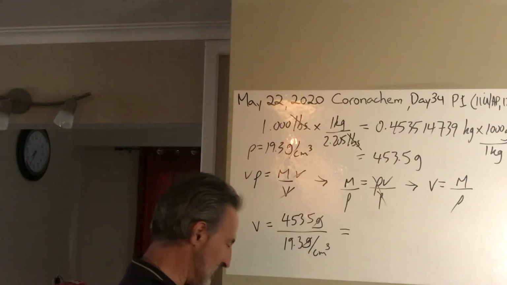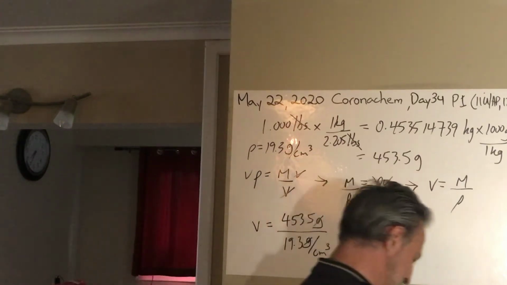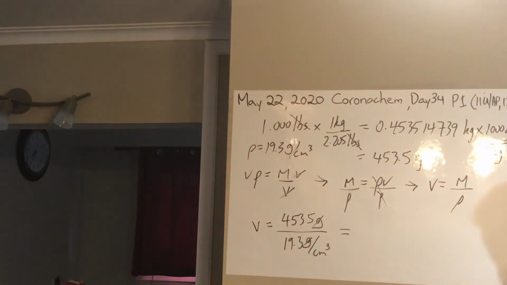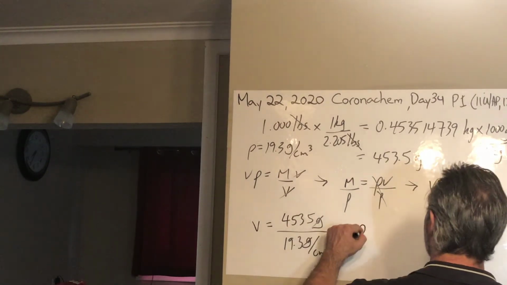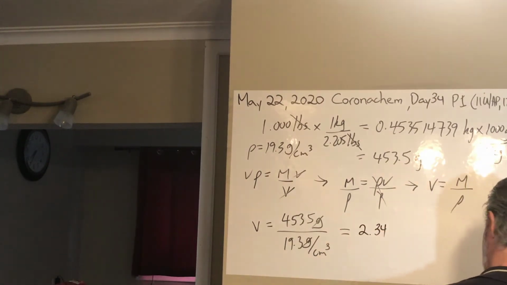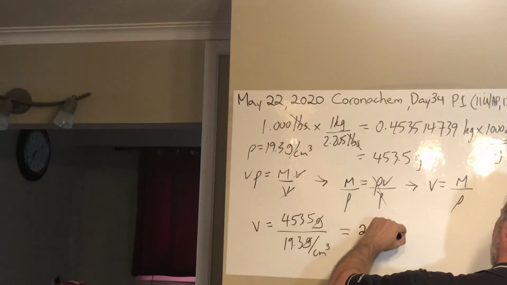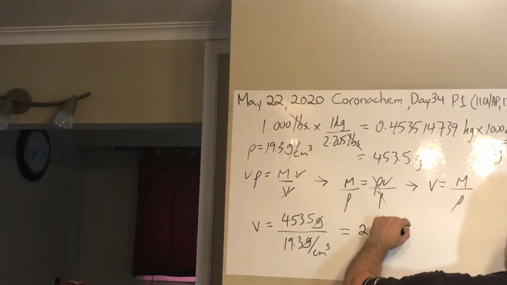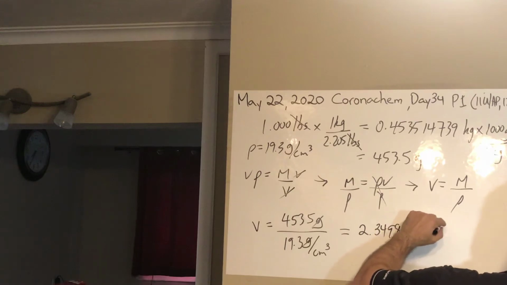I'll divide by 19.3, which is the density of gold, and that gives me 2.3498173 times 10 to the minus 2.